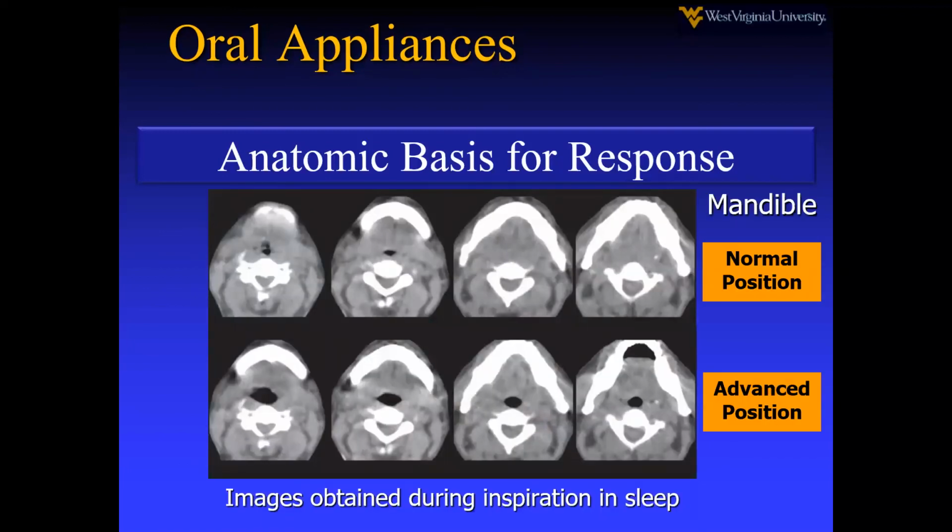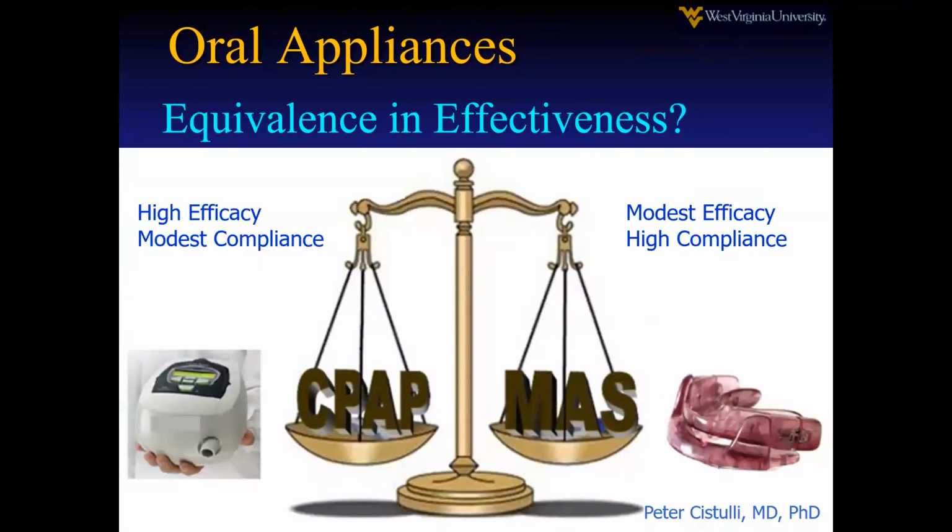Okay, and with a CT scan, mandible in normal position in the OSA patient in the above 4 frames, you can see during breathing, airway goes away, but with an oral appliance, mandibular advancement device on the bottom 4 frames, the airway stays open during sleep. So this is a slide I took from Peter Sistuli.